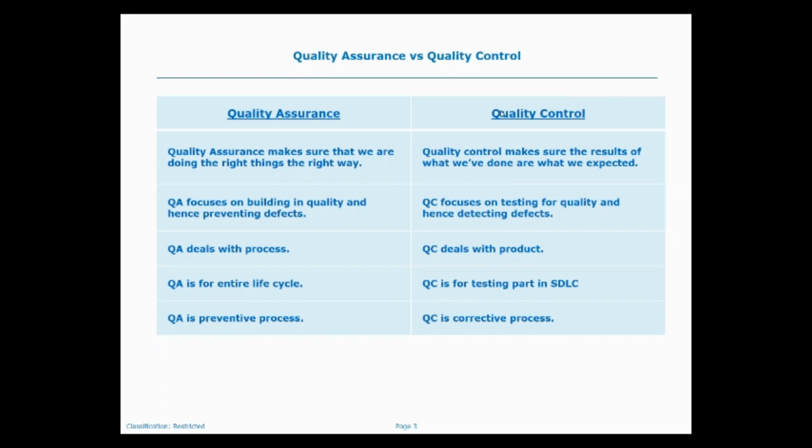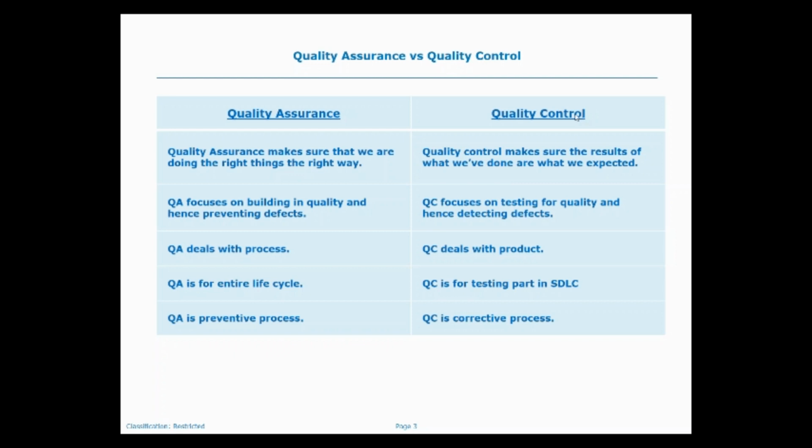Okay, so quality control has all the testing steps which we as a QA tester will be doing, and the main focus will be to find out any defects, bugs, anything that is left in the code. Okay, so if you can see, quality assurance doesn't need code.